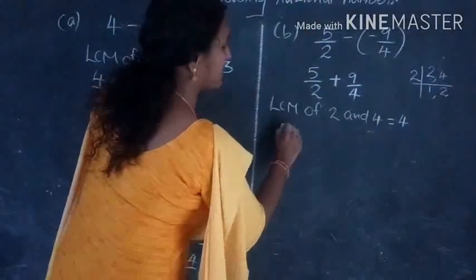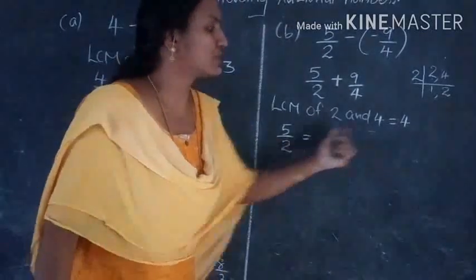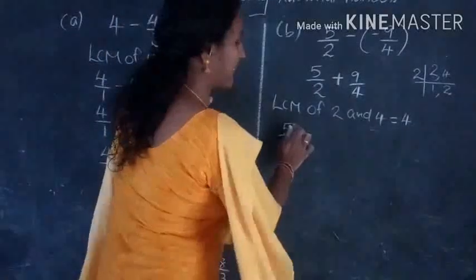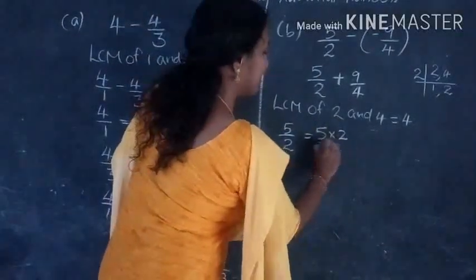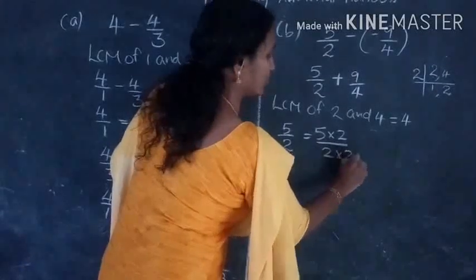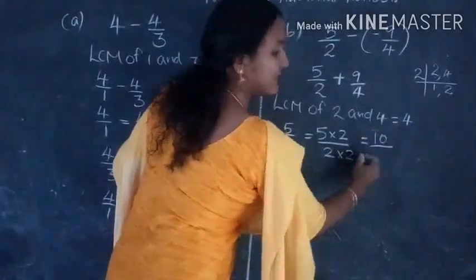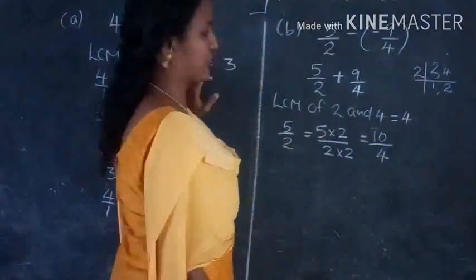Write the first fraction. 5 by 2 is equal to, how many 2s are in 4? 2 2s are 4. So multiply the numerator and denominator by 2. 5 into 2 divided by 2 into 2 is equal to 5 2s are 10, divided by 2 2s are 4, so 10 by 4.